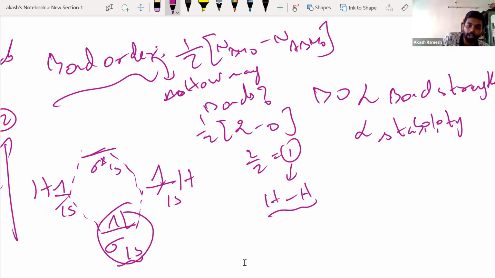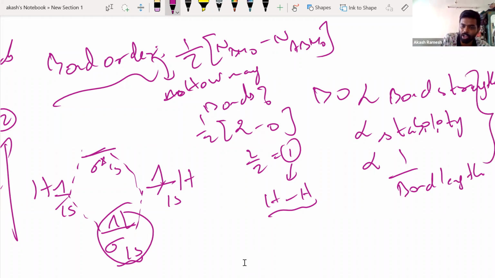And I know how bond length and bond strength are related. If I have a strong bond, the atoms will be very close by, which means the bond length is less. So bond order is inversely proportional to the bond length. These three things are very easily understood. Logical, very logical. Okay, fine.